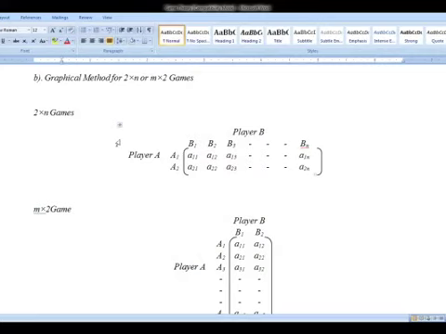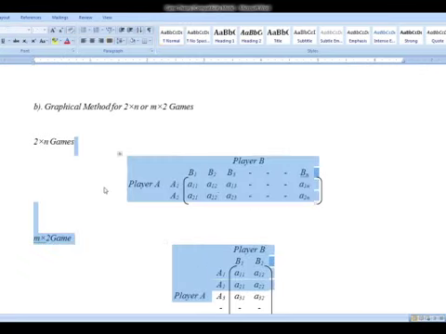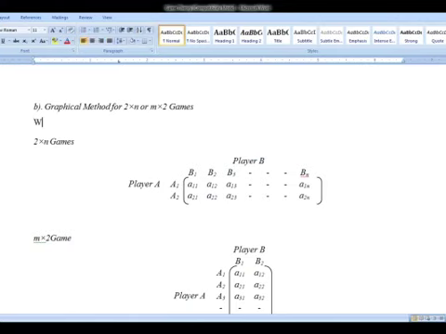So this is the second type of problems, where you don't have a saddle point. If you have a saddle point, then automatically you'll get the value of the game and the problem is over. The problem comes when you have such games and you don't get a saddle point.